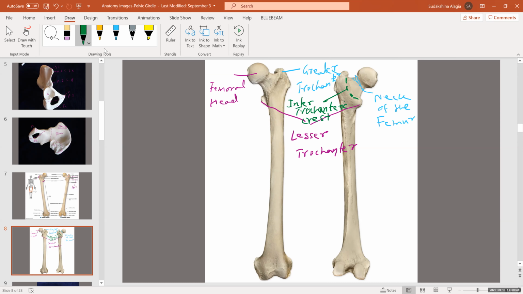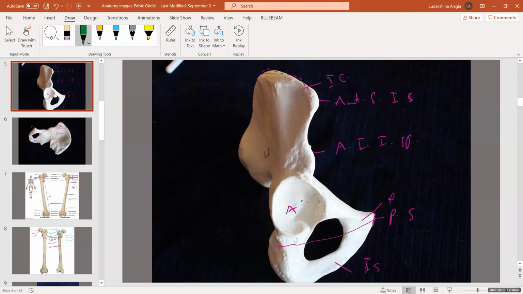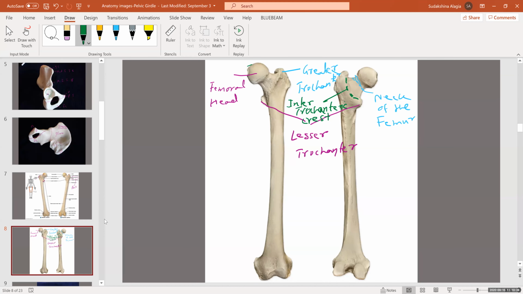Now, as we know, the direction of the head. Then we know again, just like for the humerus, we knew the lateral and the medial. This is what goes into here, the acetabulum. This is where the head of the femur fits in. So the acetabulum will have to be right here.